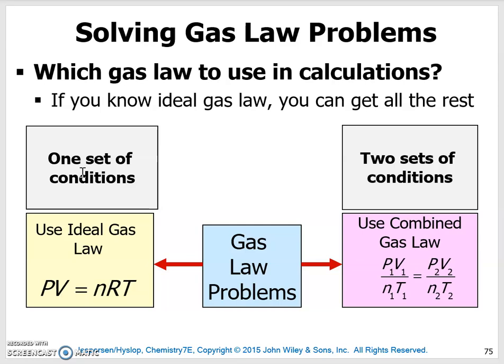If you're given 2 sets of conditions, like it says, oh, it starts at this pressure and ends at this pressure, what's the new volume? Something changing in there, you're going to use the combined gas law. Typically, if there's like a reaction going on, you'll be using the ideal gas law to relate the moles to the stoichiometry of it, but read carefully. That's not always a hard and fast rule, it's just a guideline.